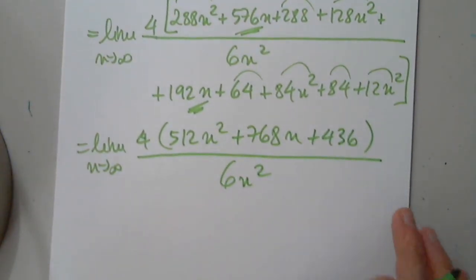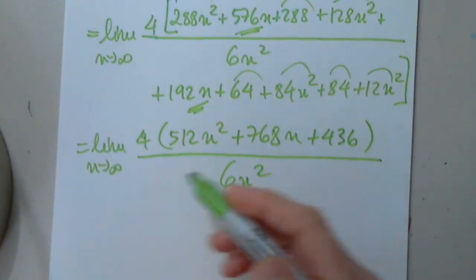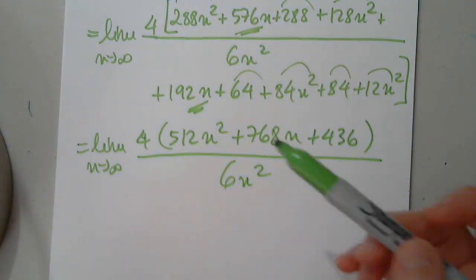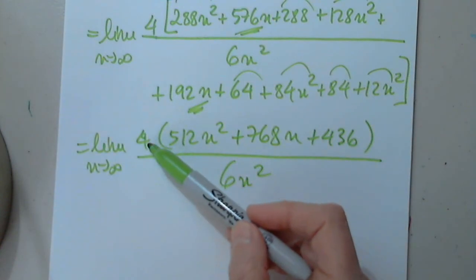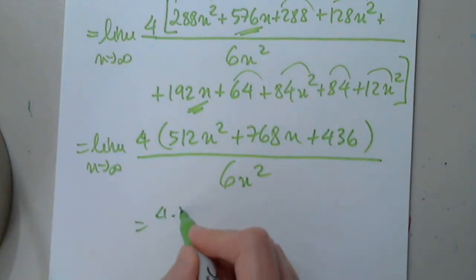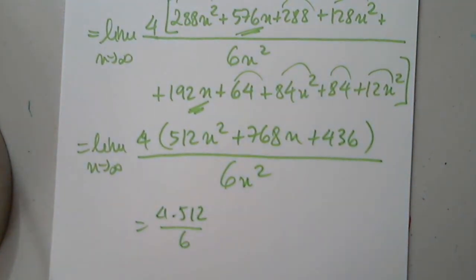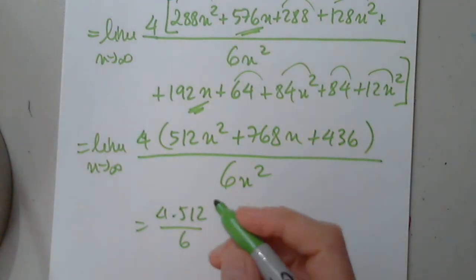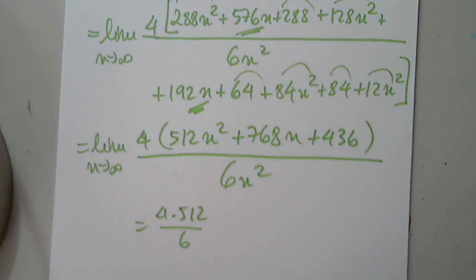Okay, so from here we know that this is infinity over infinity. When we differentiate, you know what happens is the same degree over same degree. So it will be 4 times 512 divided by 6. So is 512 divisible by 6? No. Okay. Is 512 divisible by 3? Yeah, it is divisible by 3. But then, how come it's not divisible?